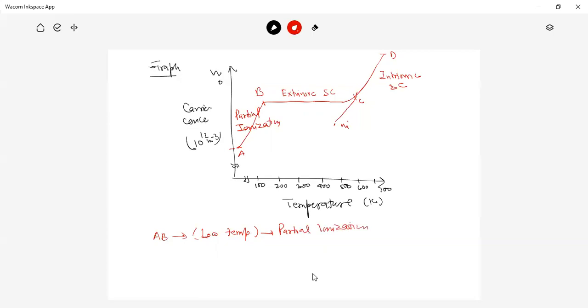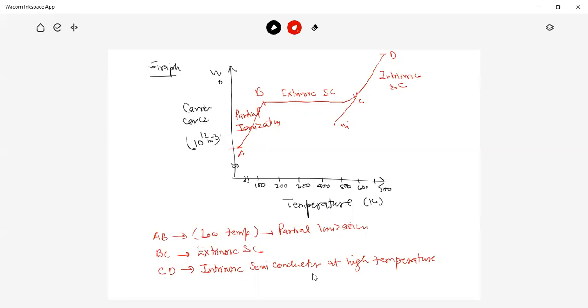The BC segment is extrinsic semiconductor, and CD is intrinsic semiconductor, extrinsic semiconductor at high temperature.